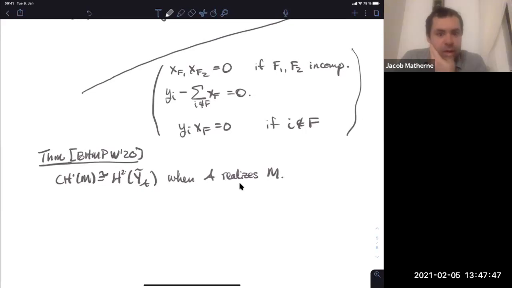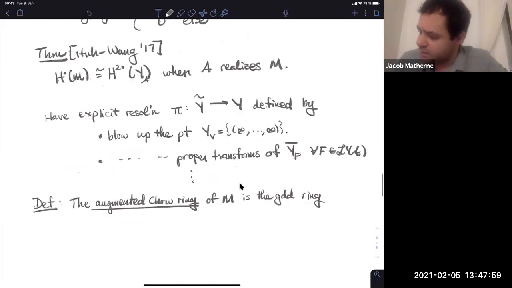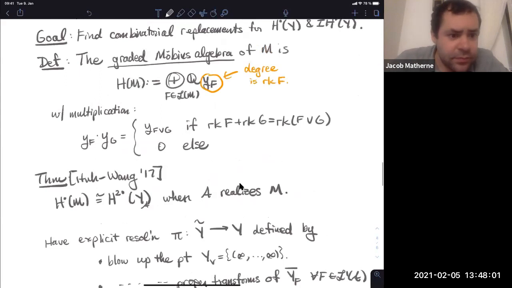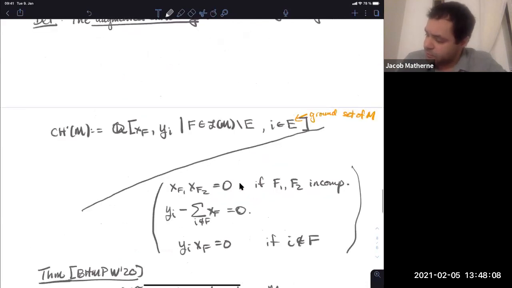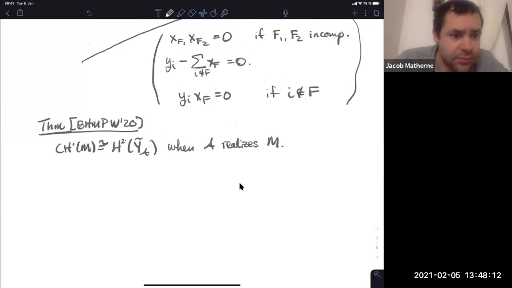So can I ask about some of these elements? In the normal homology, you've got elements y_i, one for each rank 1 flat, for each hyperplane. Yeah, inside this guy. And because you can define all the other flats as products of these. Yes. What relations then do you impose to get the normal homology?